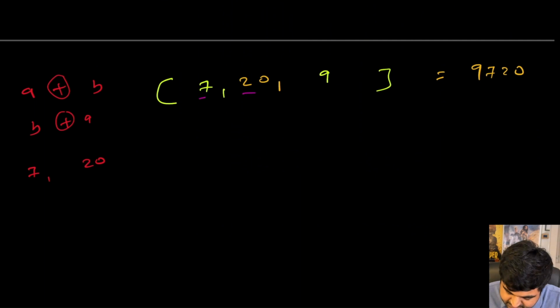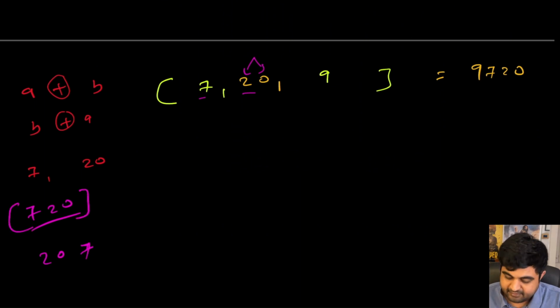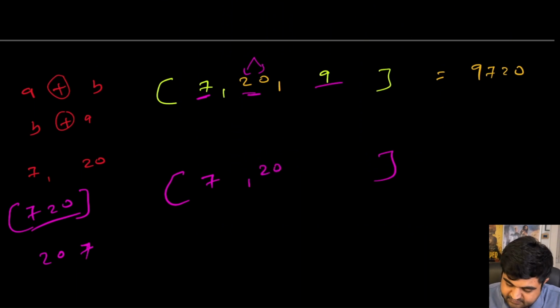Number one option is 720. Second option is 207, because this 20 has to remain together. Amongst these two values, we can clearly see that 7 is greater and 20 is lesser. So after comparing these two elements, we can conclude that 7 has to remain first and 20 has to remain second. But now we still have to make sure where we are going to put the value 9.